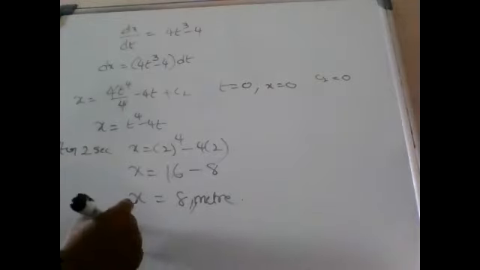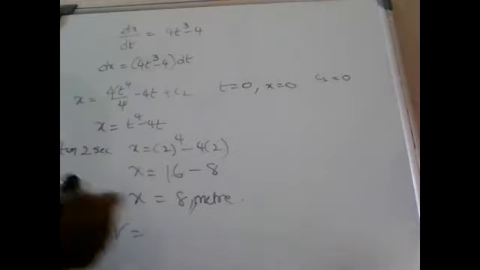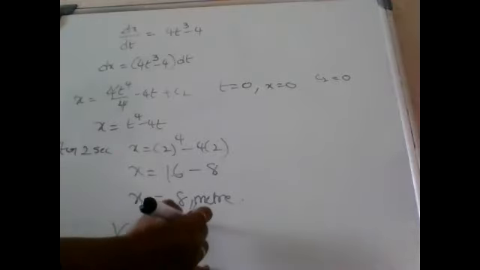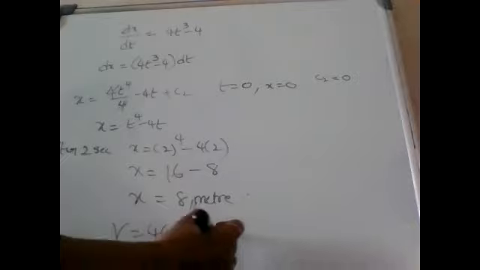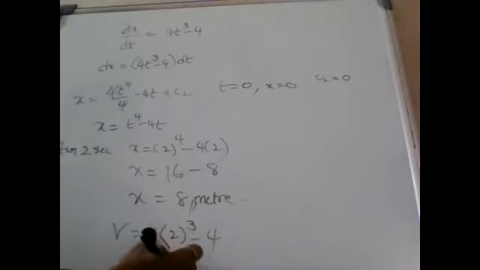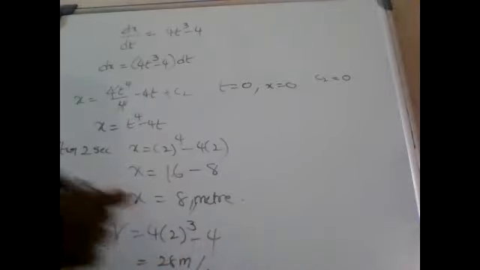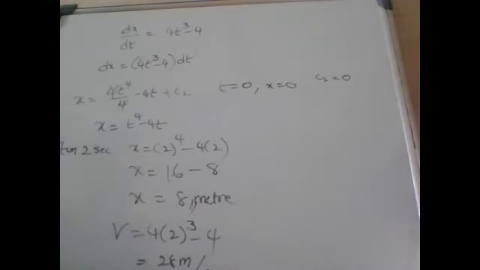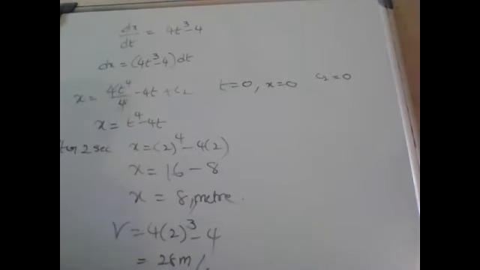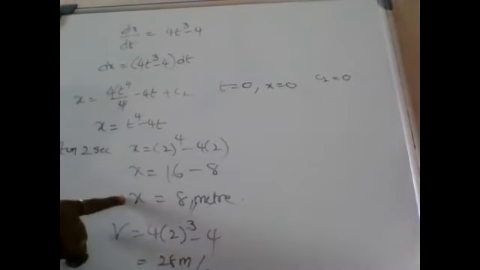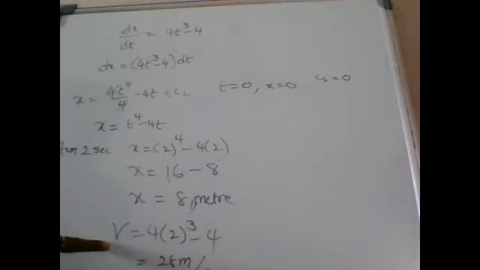What is the velocity? v equal to 4 into 2 cube minus 4, 28 meter per second. x value 8 meters and v value 28 meter per second.